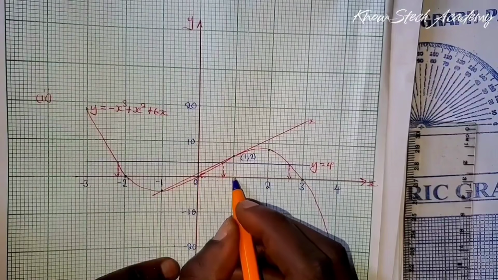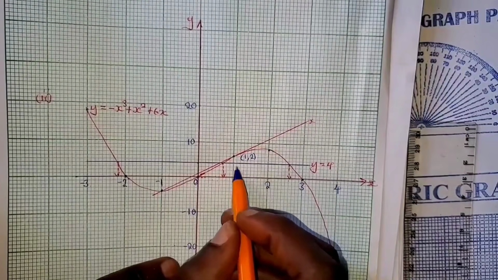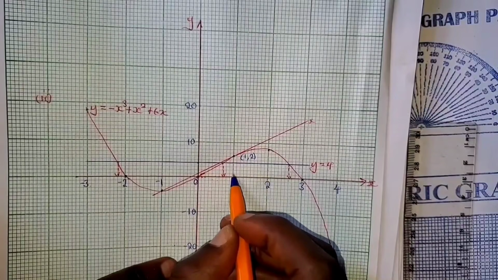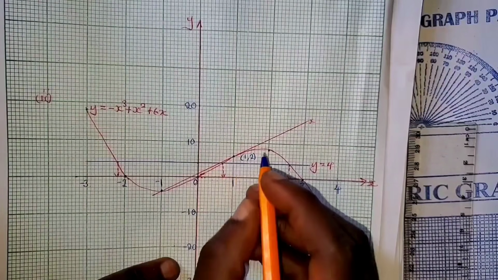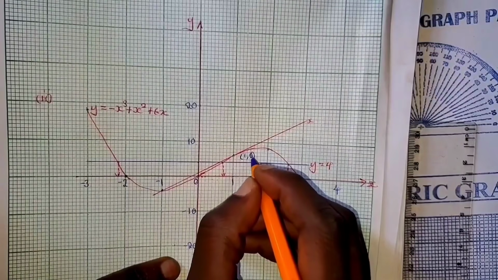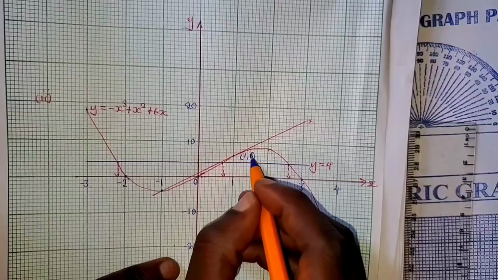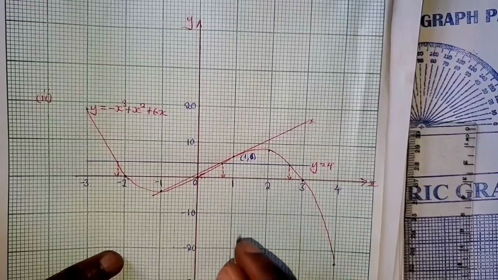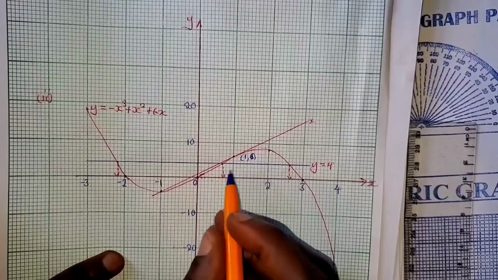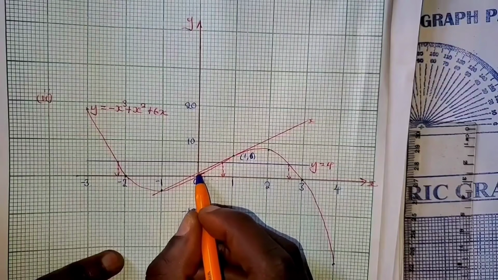This point here is not 1, 2. It is 1 here, 1, 2, 3, 4, 5, 6, so 1, 6. Yeah, these are some of the mistakes that are made. So make sure that you know the x and the y axis. So 1, 6.